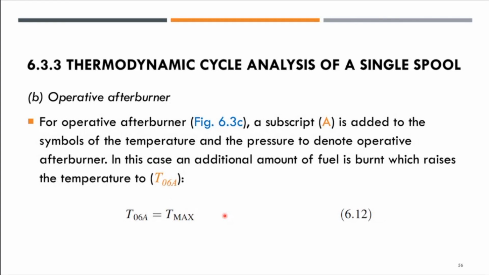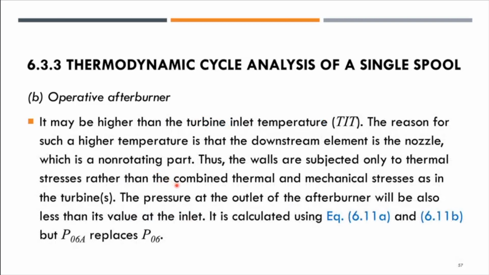For the case of operative afterburner, shown in figure 6.3c, a subscript A is added, where we want to distinguish between the afterburner inoperative and the afterburner in operation. That's where we introduce capital A there.